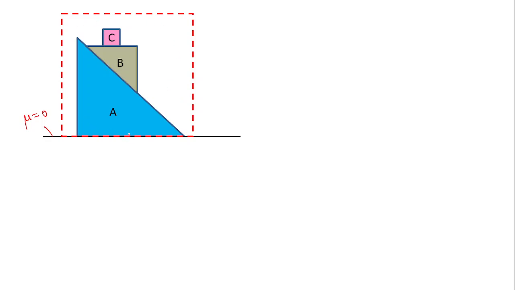Only vertical force will be acting, some normal reaction by the ground, that is the only vertical force acting on the system. Horizontal force is 0 on the system. That means we can very clearly say that the center of mass of this system will not move in the horizontal direction.